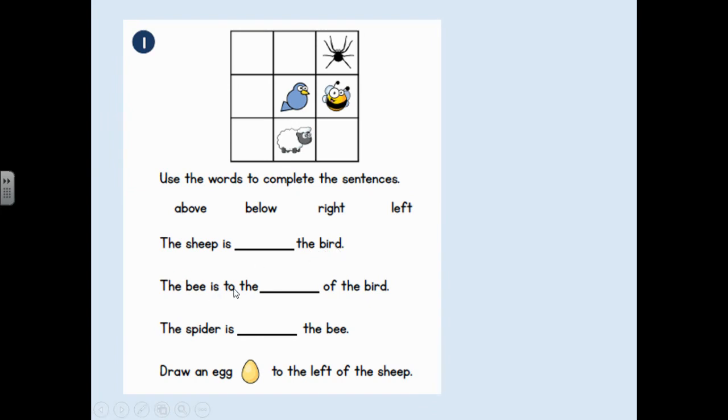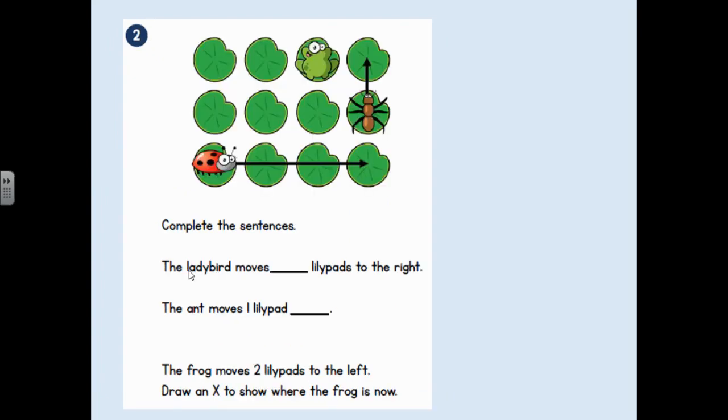Is the bee above, below, right or left of the bird? The spider is either above, below, right or left of the bee. Once you have done that, draw an egg like this to the left of the sheep.